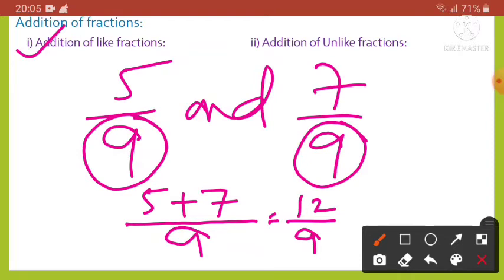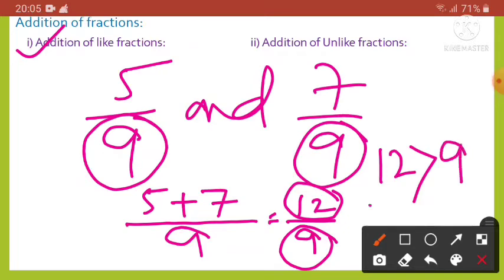As you know, when the numerator is greater than the denominator, the fraction is known as an improper fraction. Here the numerator is 12 and the denominator is 9, so 12 is greater than 9. That means 12 by 9 is an improper fraction. We can write the result as 12 by 9, or we can write it as a mixed fraction.